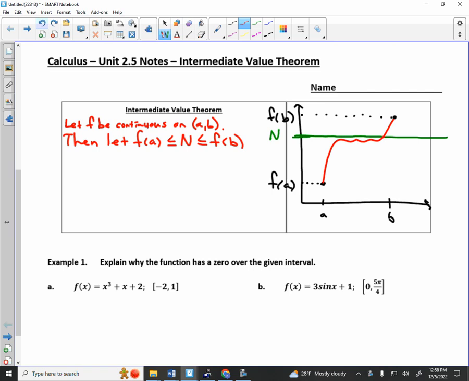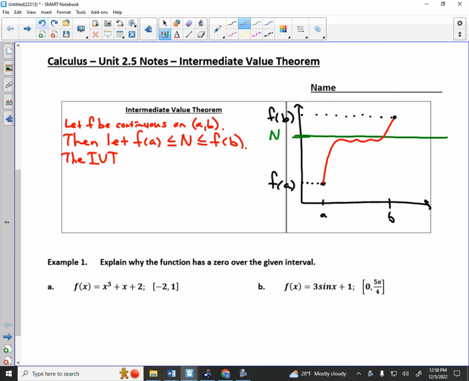The IVT, intermediate value theorem, is something that you will reference when we start preparing for the AP exam.